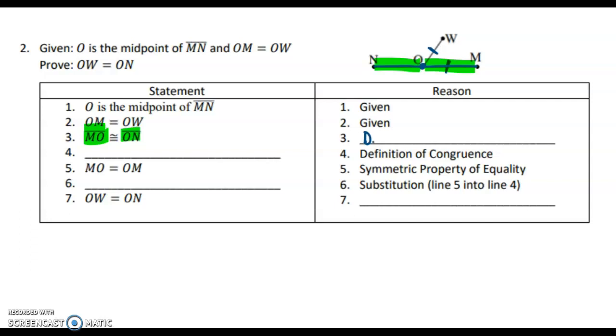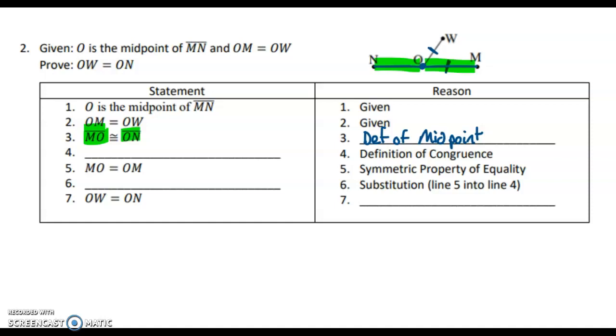So that tells me I'm going to use the definition of midpoint, and it's going to let me say the two parts, MO and ON, are congruent because of the definition of midpoint.